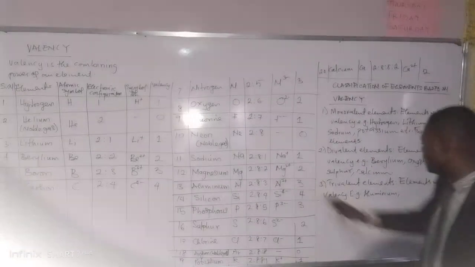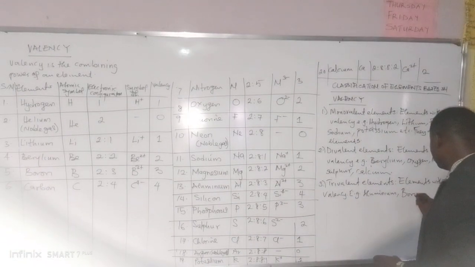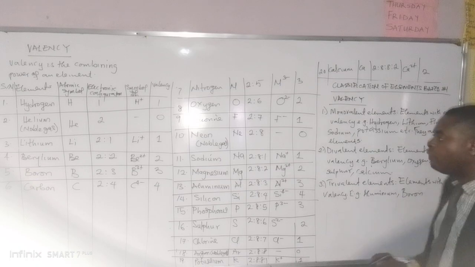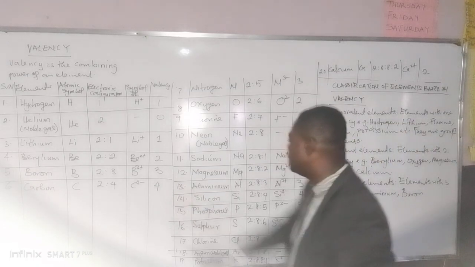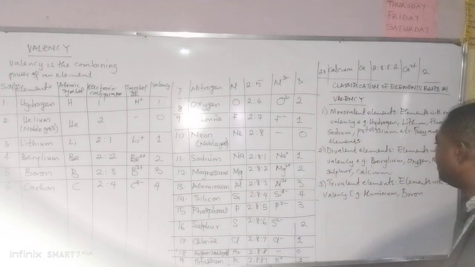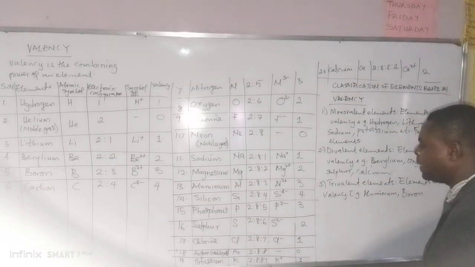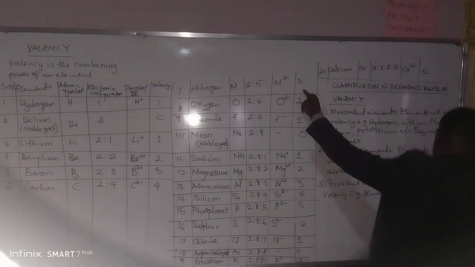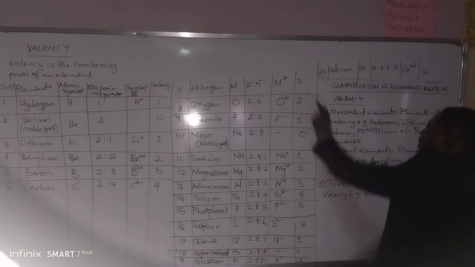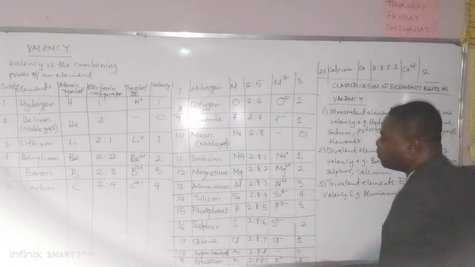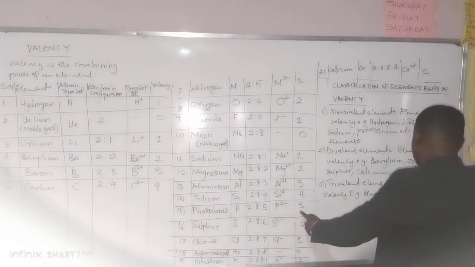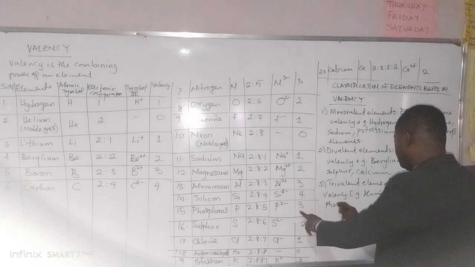You can see. Then we have boron. Boron 5. You can see here. So they are trivalent. That's not the only one. What about nitrogen? Let's check nitrogen. Nitrogen is also trivalent. What about phosphorus? Phosphorus number 15. You can see here we have phosphorus.